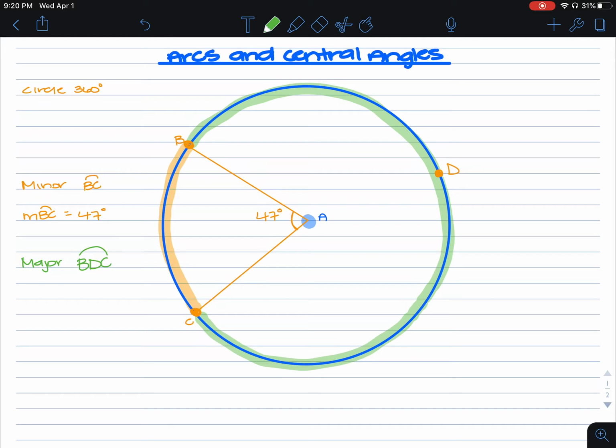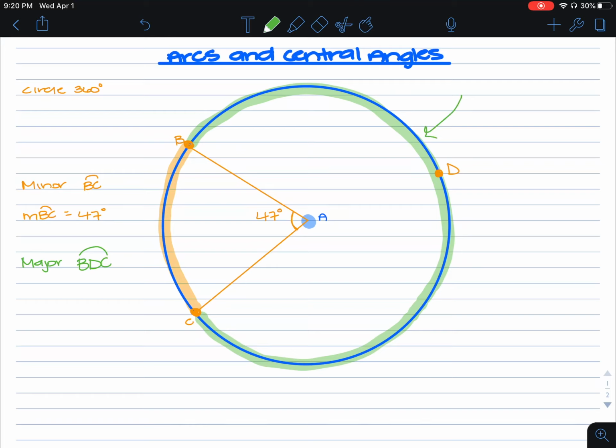That means my major arc. So for my minor arc, to find the measure of my orange highlighted part here, it was just the same as the measure of my central angle. Well, now I want to find the measure of that green highlighted part.